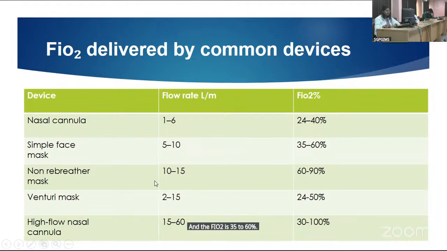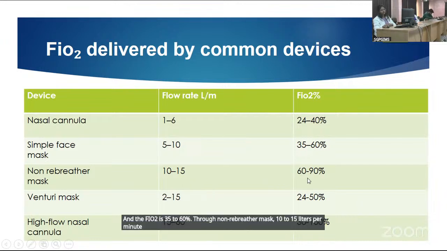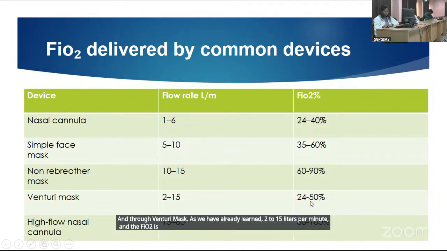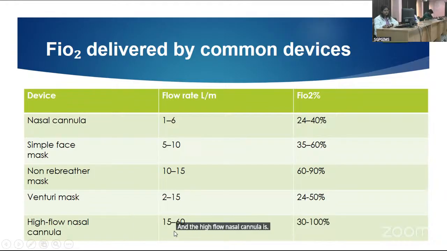Through non-rebreather mask, 10 to 15 liters per minute, and the FiO2 is 60 to 90%. And through Venturi mask, as we have already learned, 2 to 15 liters per minute, and the FiO2 is 24 to 50%. And the high flow nasal cannula is 15 to 60 liters per minute, and the FiO2 is 30 to 100%.